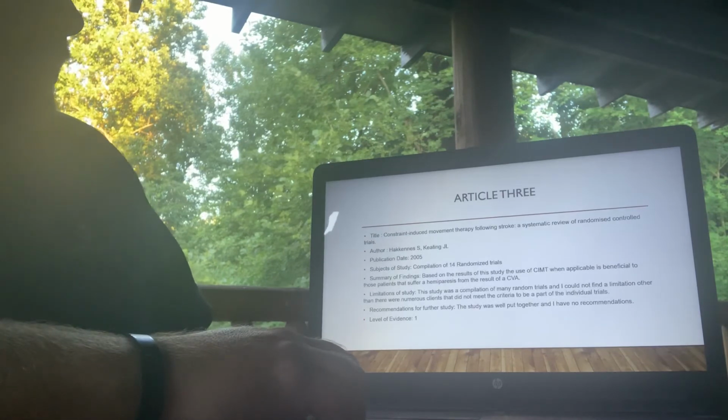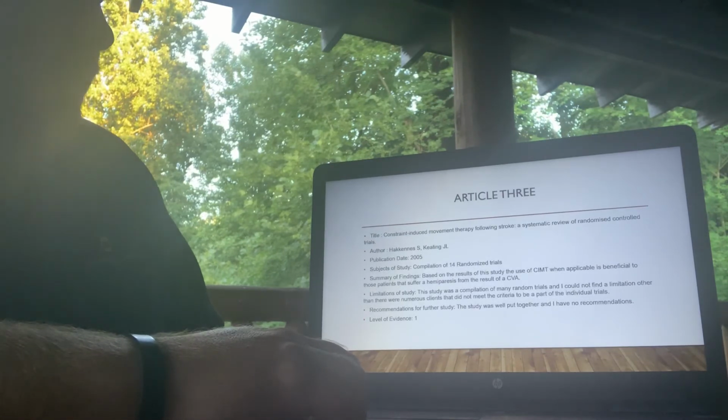My third article was actually one of the best articles that I had found. It was a compilation of many different studies and trials regarding CIMT therapy, a systematic review of controlled trials. Based on all the different results, CIMT, when applicable, is beneficial to patients that suffer hemiparesis as a result of a CVA.